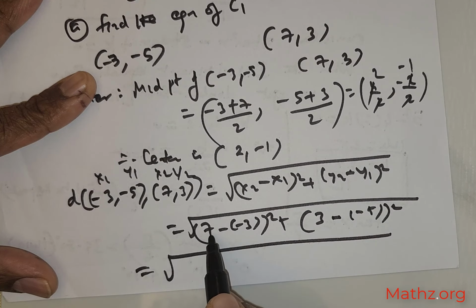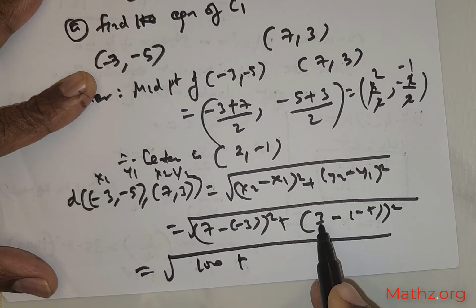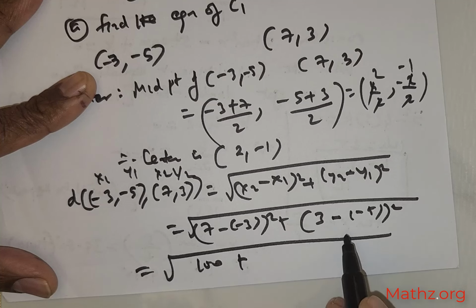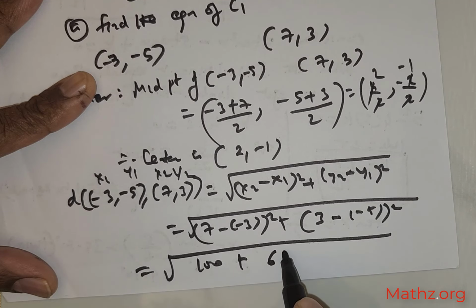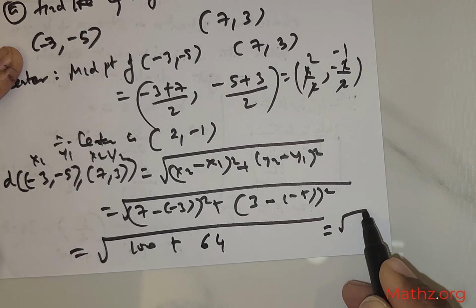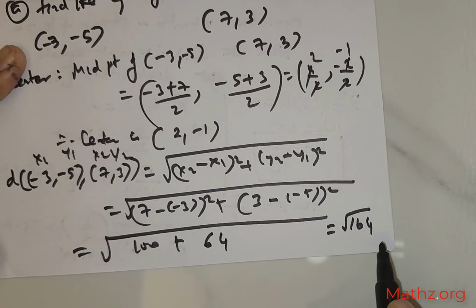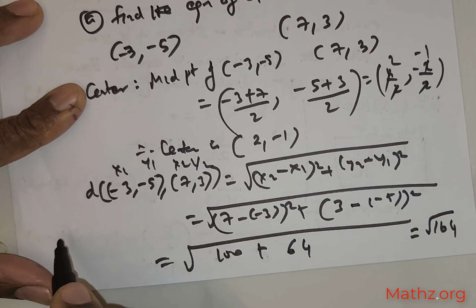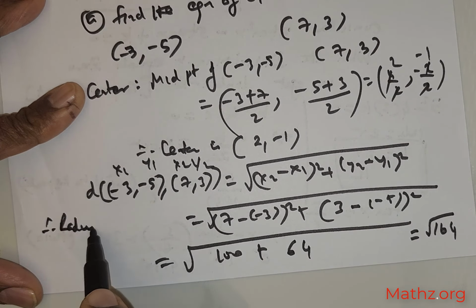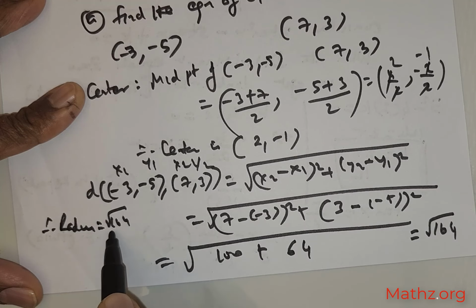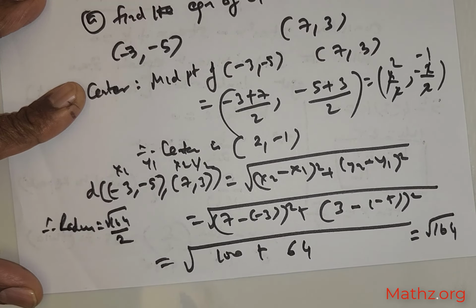So this is 7 positive 3, that's 10, 10 squared is 100, 3 positive 5, that's 8, 8 squared is 64. Right, so you have root of 164, that is the distance, but the radius is obtained when we take root of 164 and we divide by 2.